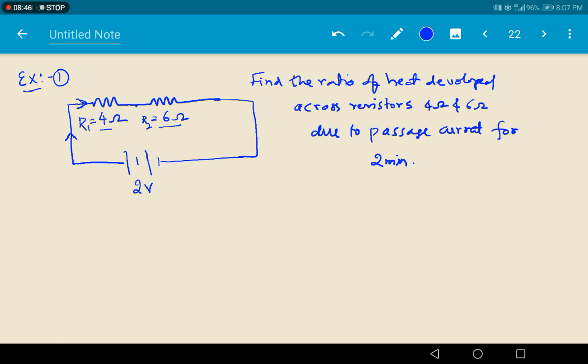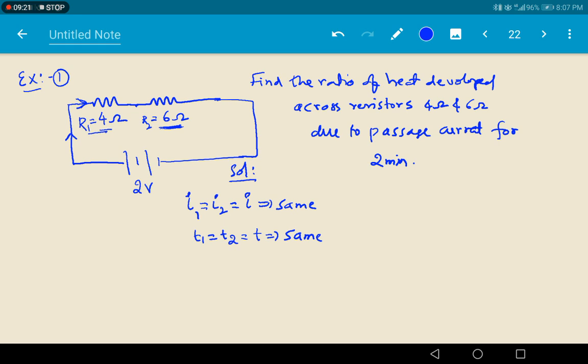When they are connected in series, which will be the same? The current passing through 4 ohm and the current passing through 6 ohm will be the same. So I is the same. In the same way, as long as the current passes through resistor 1, there is a flow of electrons through resistor 2 also. Therefore the time for the passage of current in both resistors is also the same.